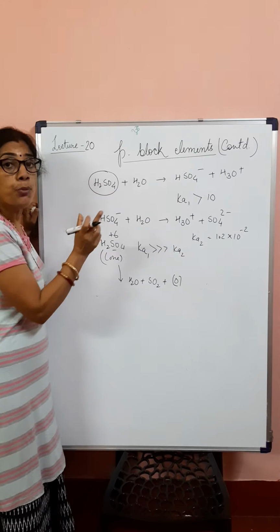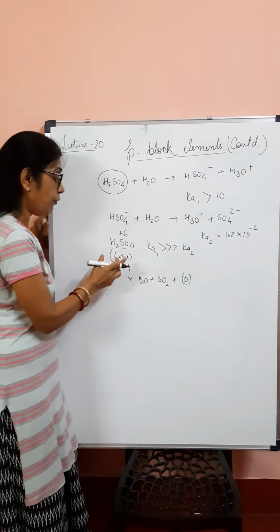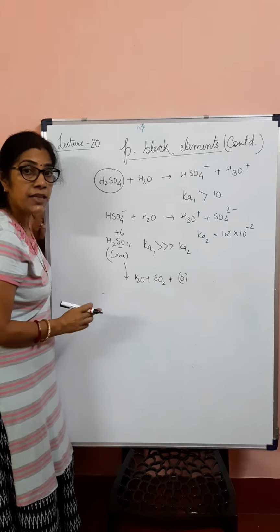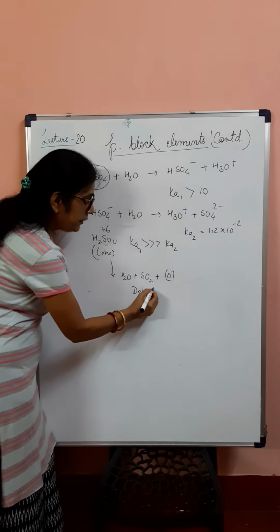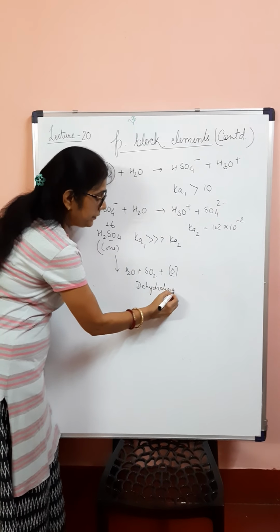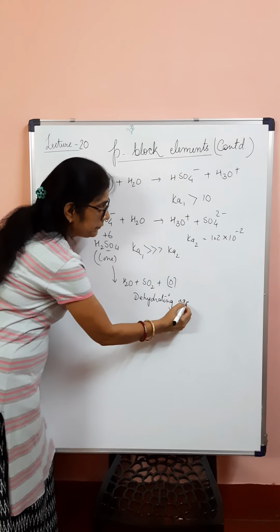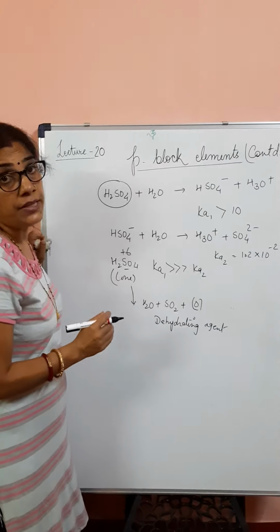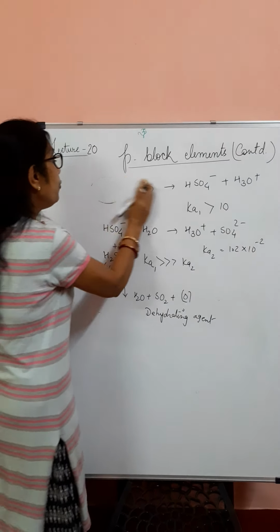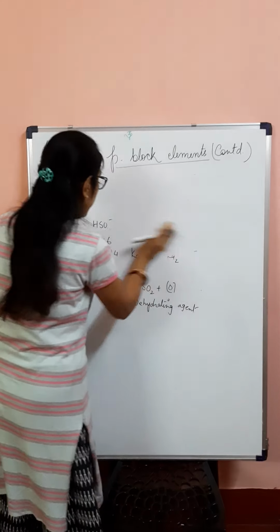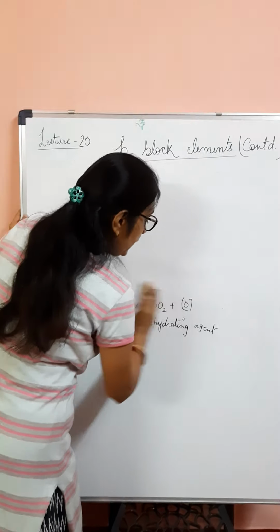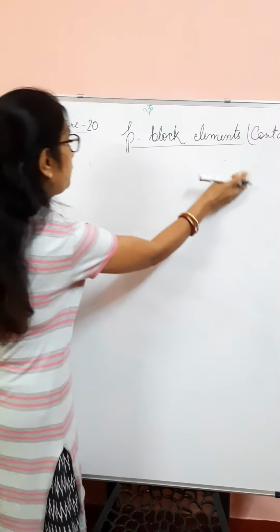So its two important properties and behaviors: one, that it acts as an oxidizing agent, and secondly, it's a very good dehydrating agent. Dehydrating agent helps in removal of water. So we'll first see the examples in which sulfuric acid acts as a dehydrating agent.